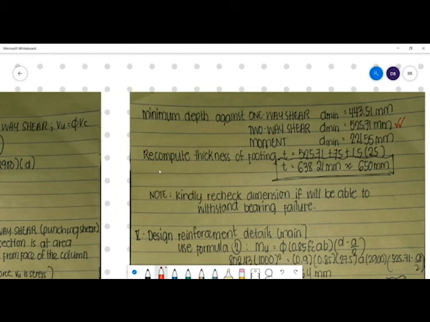But we should recompute the thickness of your footing first. T is equal to 525.71 plus 75, which is the concrete cover, written in your NSCP.